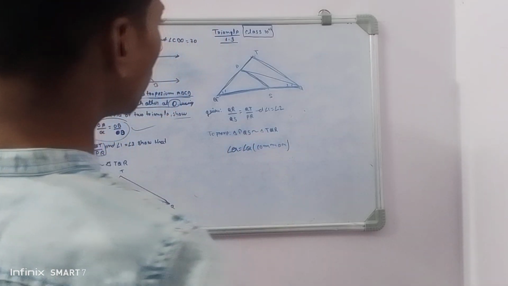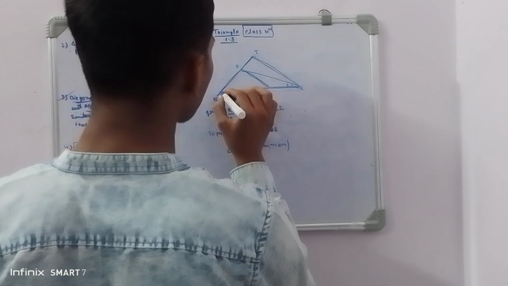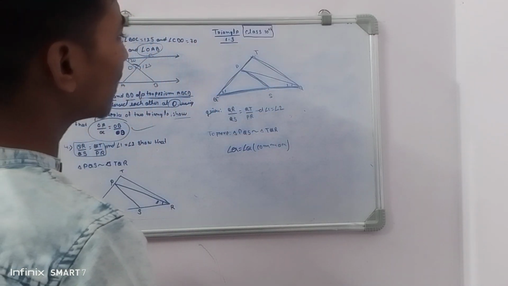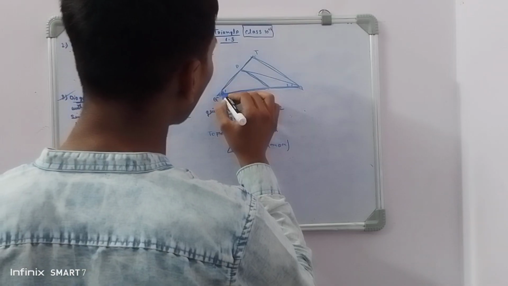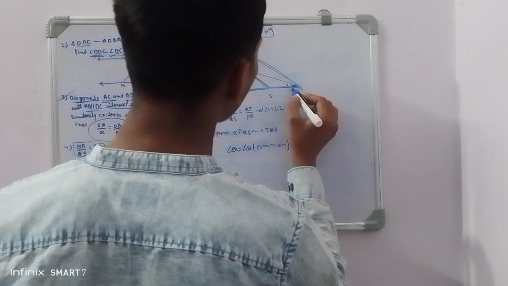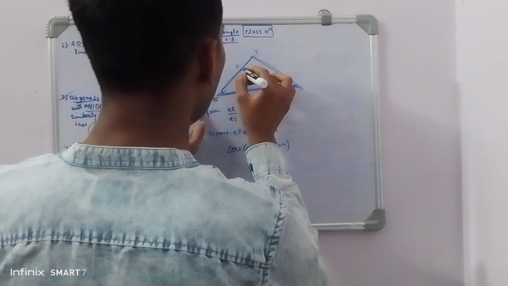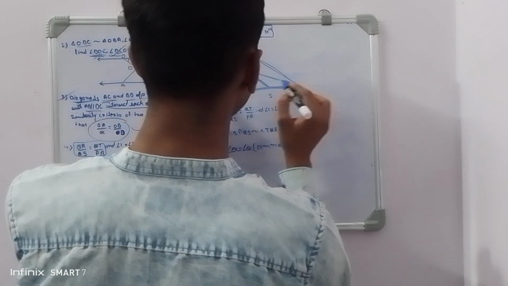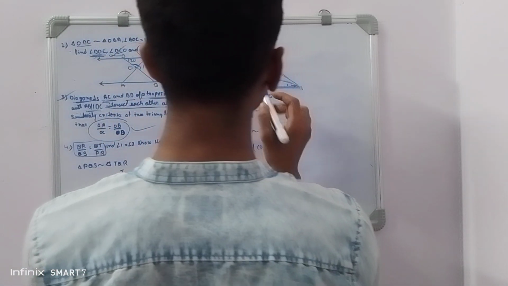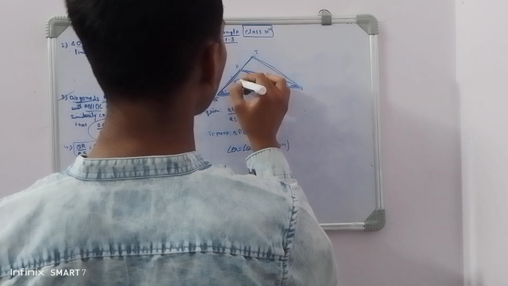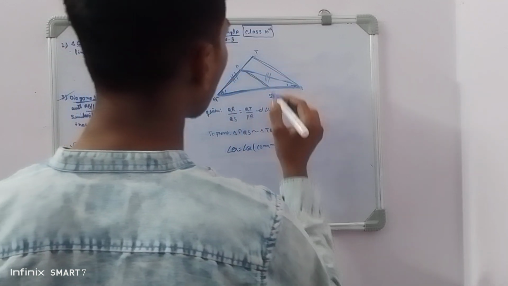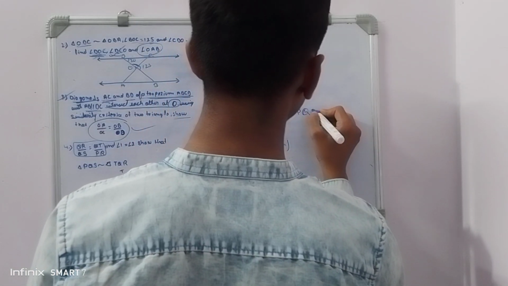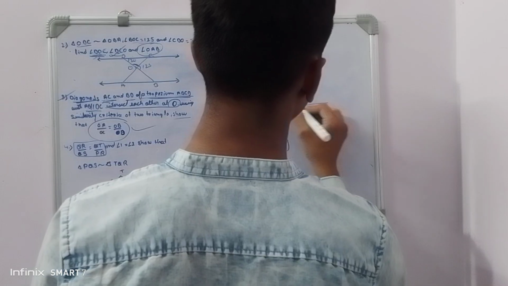And if you are able to understand that we have been given that angle 1 is equal to angle 2, through this the triangle is going to be an isosceles triangle, because this angle and angle 2 are equal. So this side is going to be equal to this side. So from here you could say that PQ is equal to PR.